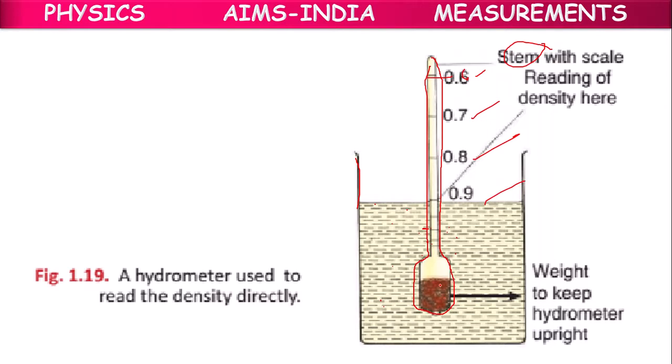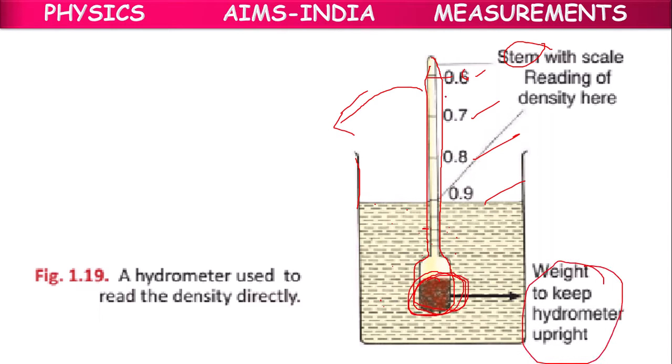This scale or tube may fall down. To avoid that, they have kept some weight to keep the hydrometer upright, straight.